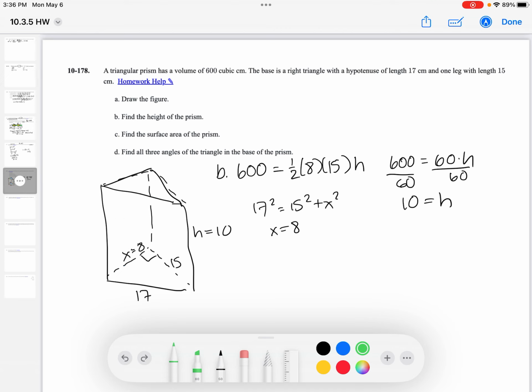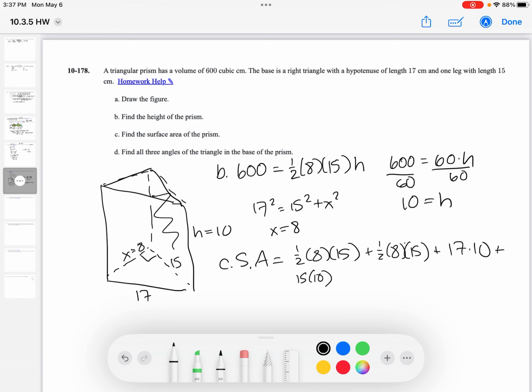The surface area is going to be the top, which is 1/2 times 8 times 15, plus the bottom, plus, each of these is a rectangle. 17 times 10 is the area of that rectangular side that's facing me, plus 15 times the height is the one over here. And then the one over here will be 8 times 10.